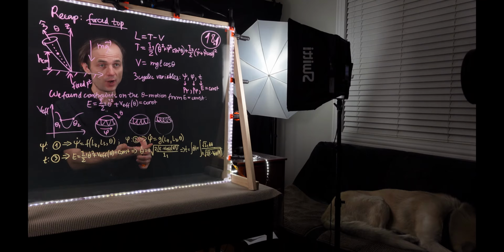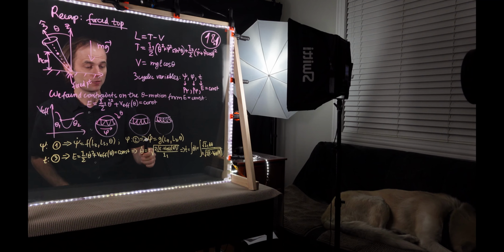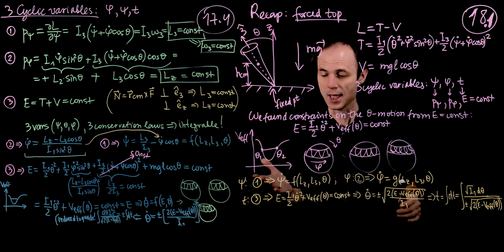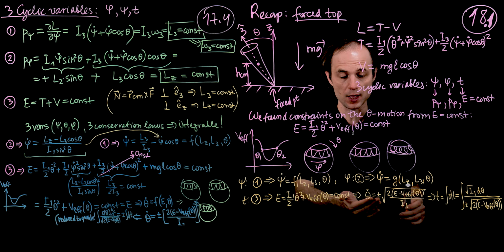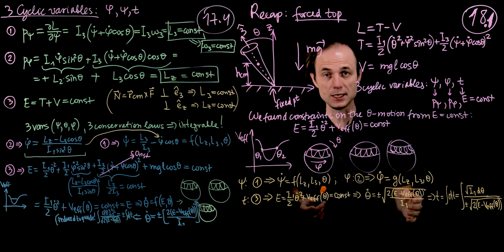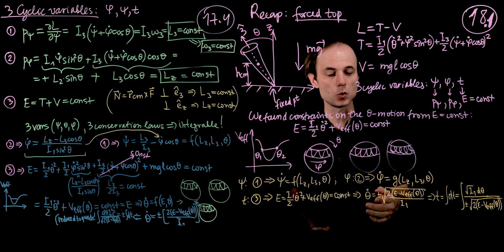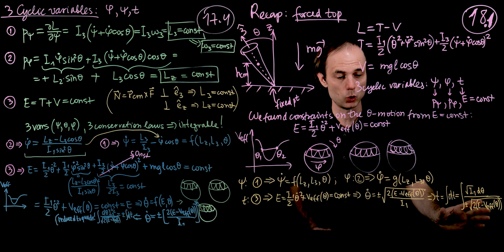Same thing about the phi direction. Phi dot is expressed through a function of L_z, L_3, and theta. And the energy conservation gives us the ability to directly integrate the theta equation and reduce it to quadrature.